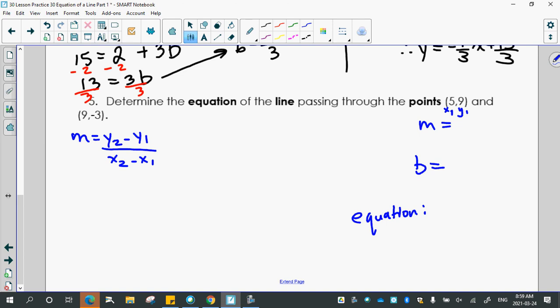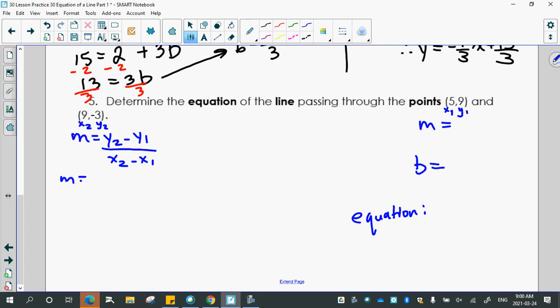And then the second point has an x first, so we call that x2, and it has a y second, so we call that y2. So point 1, x comes first, x1, and then y1. The second point you come to, x2, and then y2.